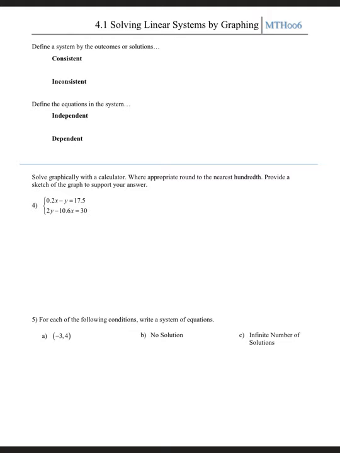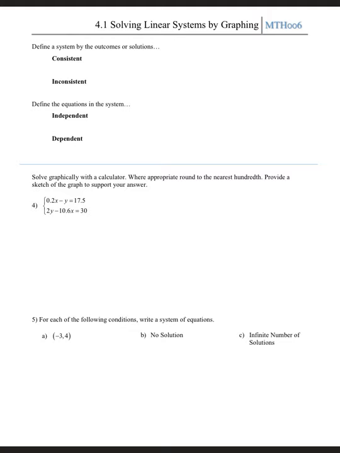Some important vocabulary here, and this is where those last couple things come into play. We're going to define a system by either being consistent or inconsistent, and then we're going to define the equations in the system by either being independent or dependent.